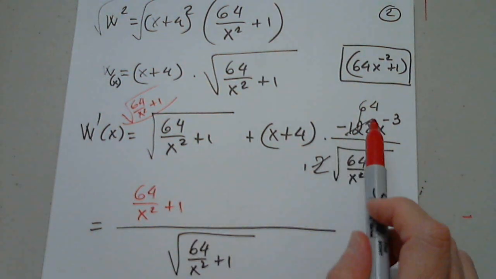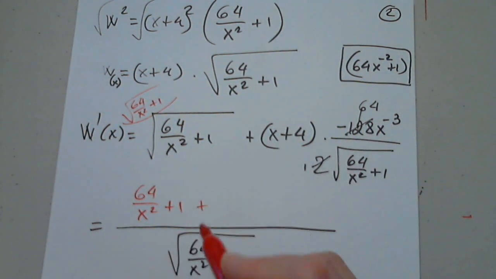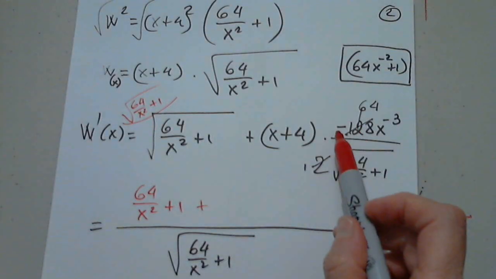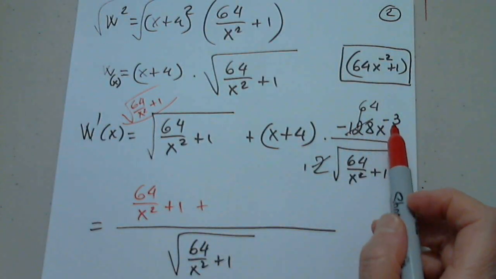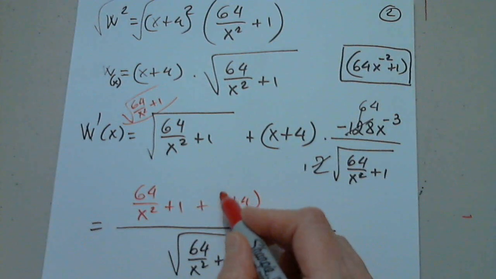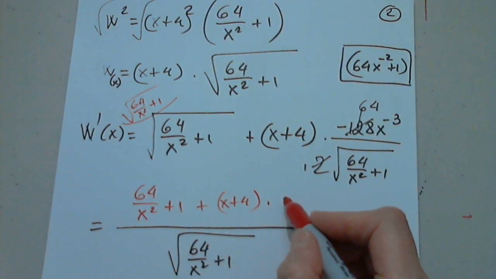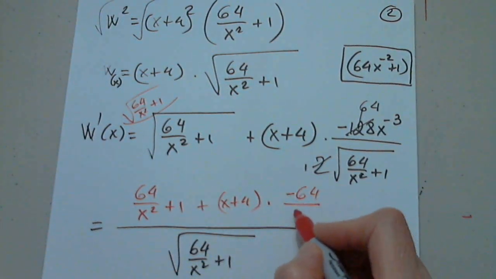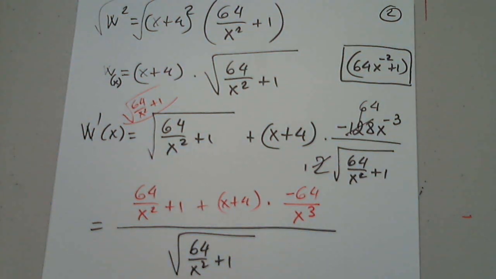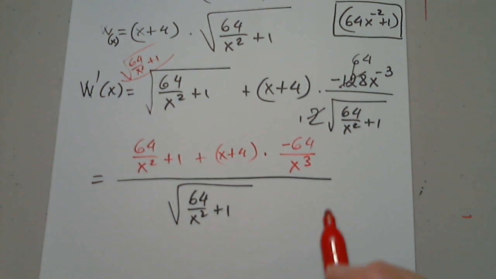And let's see what is left here. Plus, I have a negative 64x to negative 3. So I have an (x plus 4) times negative 64 over x to the third. Okay.